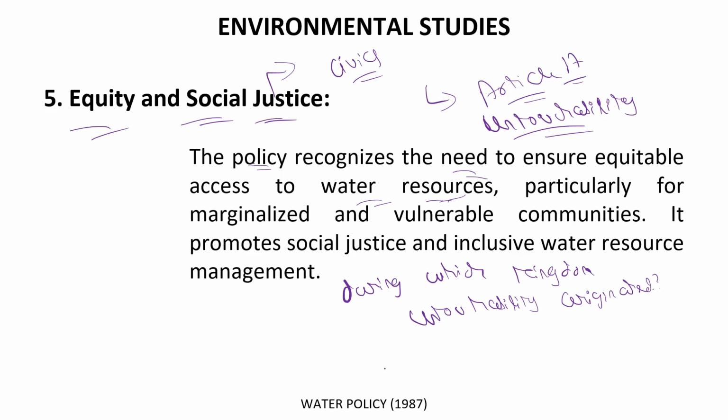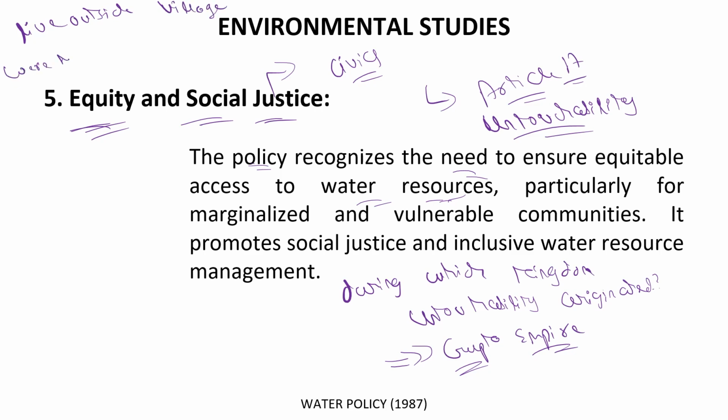So it was the Gupta Empire. Okay. So during the Gupta Empire, the word untouchability first came into existence. Basically, there was a concept that the untouchables had to live outside the villages, and were not allowed to use public resources.